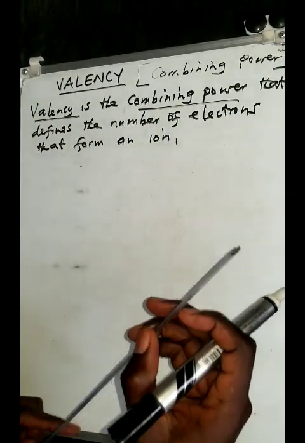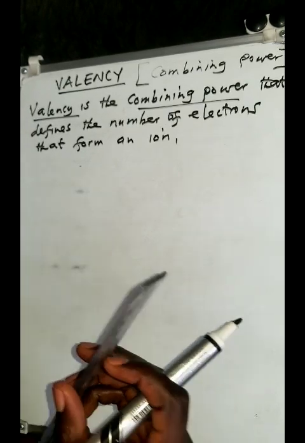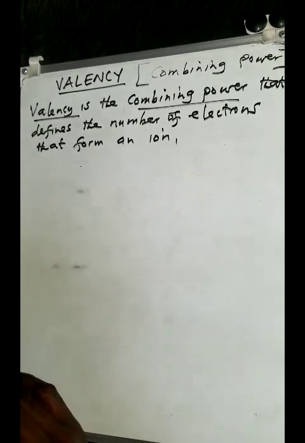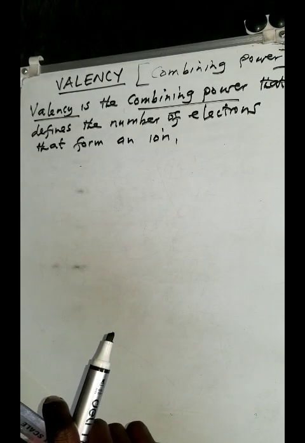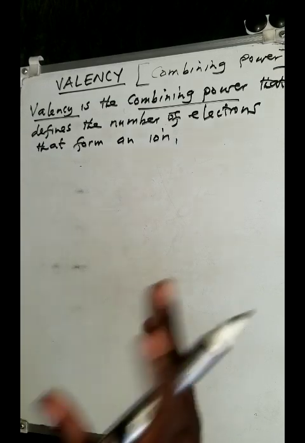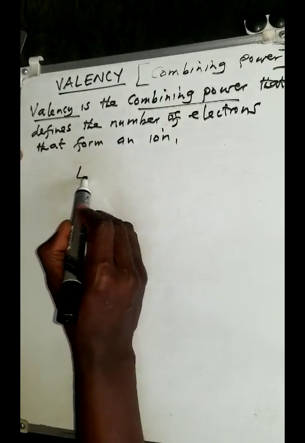Some other books define valency as the number of electrons lost, gained or shared by an atom of the element in order to attain a stable structure. That is also fine, but I'm going to summarize it for you nicely.